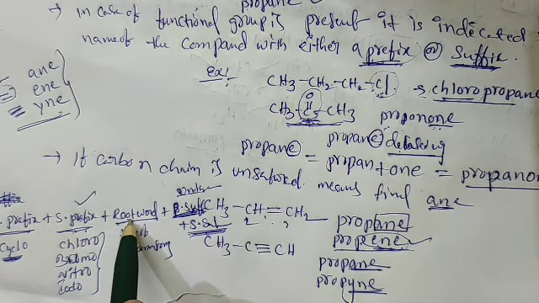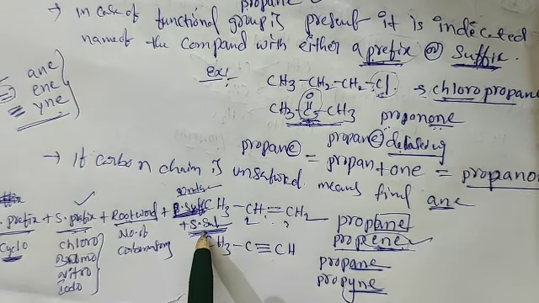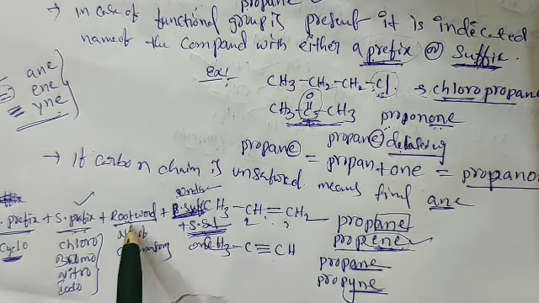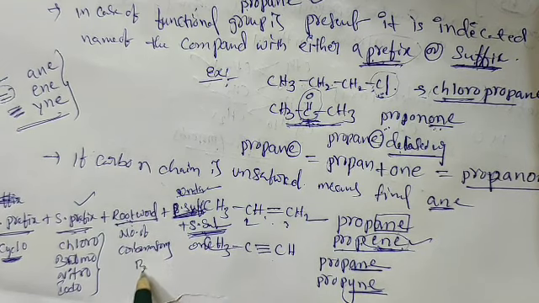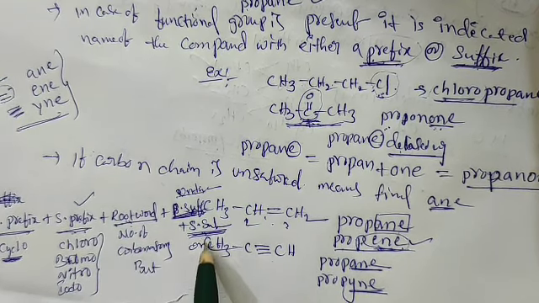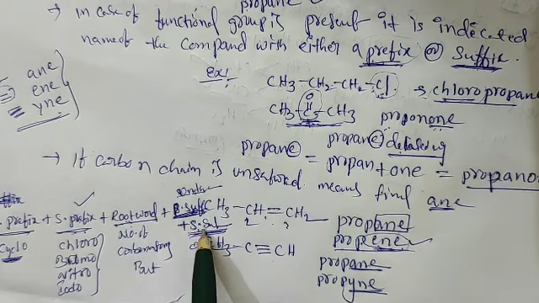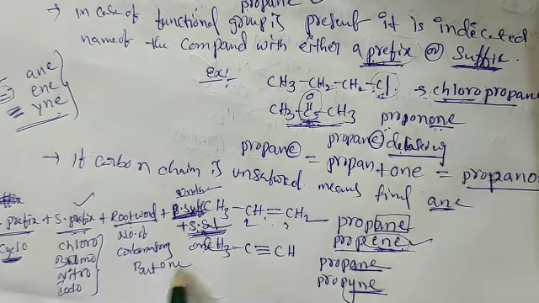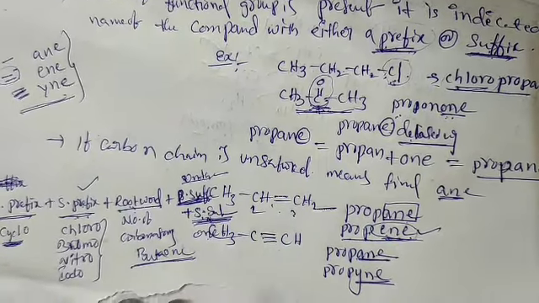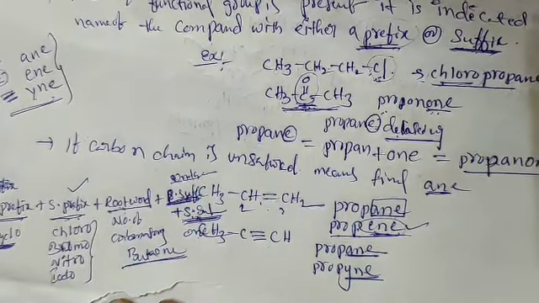If 3 carbons, prop; if the functional group is a ketone, ONE will come. With 4 carbons and a ketone, the secondary suffix ONE gives butanone. This is the formula.